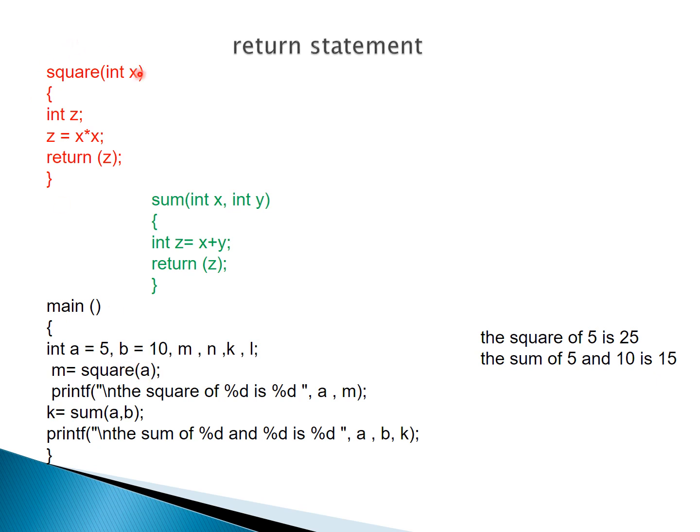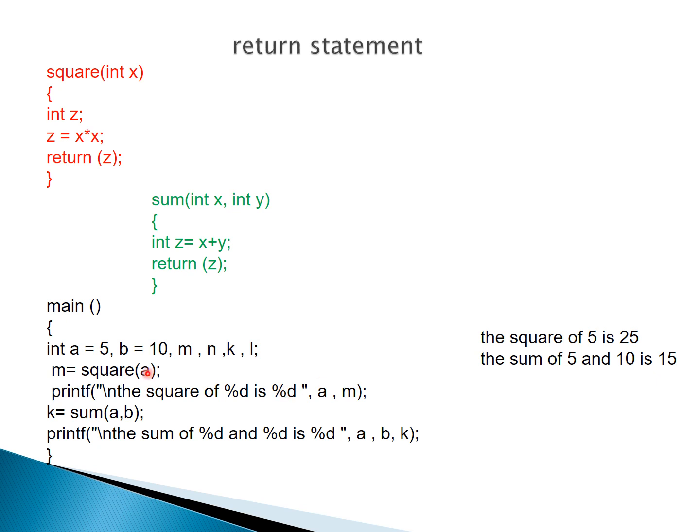That 5 is stored here on x, and then z is equal to x multiplied by x, which is 25. Then 25 is stored on z, and this 25 is returned to here, because square is called from main, so that will be returned here. So that 25 will be stored on M. So the square of 5 is 25.